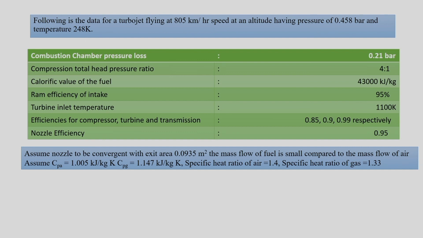Efficiencies for compressor, turbine and transmission are respectively given as 0.85, 0.9 and 0.99. Nozzle efficiency is given as 0.95. Assume the nozzle to be convergent with exit area of 0.0935 meter square, and then Cp of air, Cp of gas and specific heat ratios of either are given. So, let us solve this example.